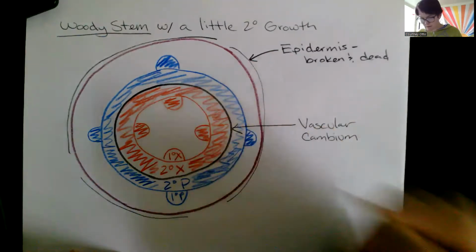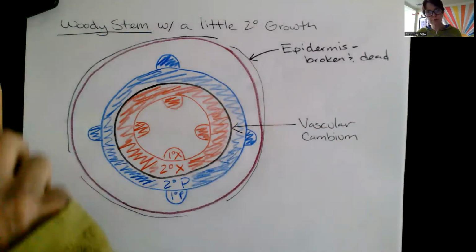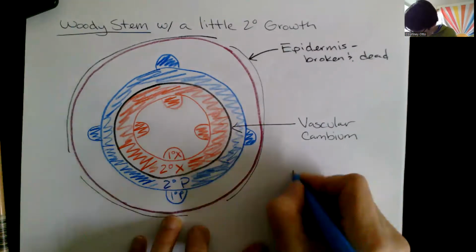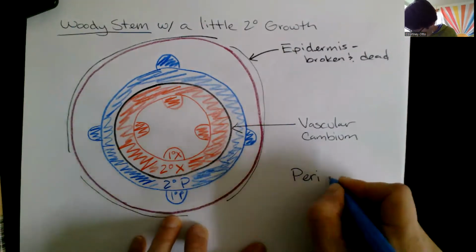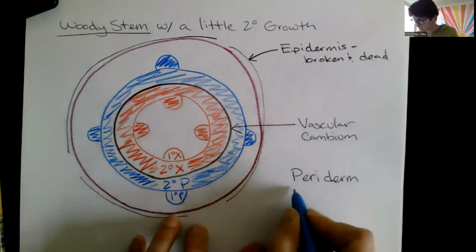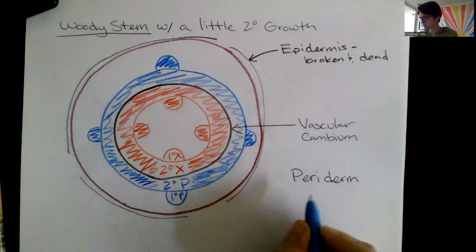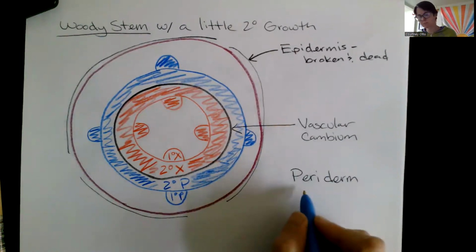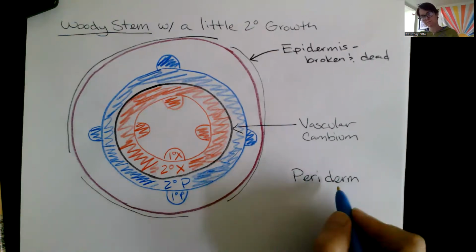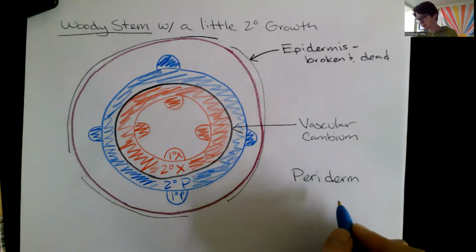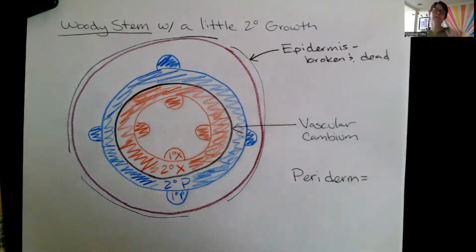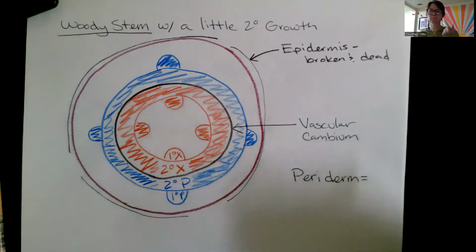And I'm going to use this new term, periderm. Think about this term. Peri means around, just like it did in pericycle. Derm means skin, right? Just like it does in epidermis. The periderm is just the collective term for the cork, cork cambium, and phelloderm.